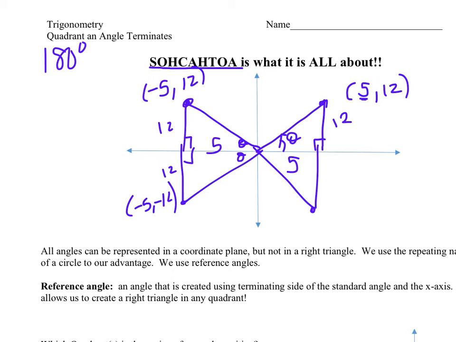So for example, this angle right here might be 120. So the angle in here would be 60. This isn't what they are, but I'm giving you an example. But it's 60 all the way around. So this could be 60. And so the angles are all the same. The triangles are all the same.